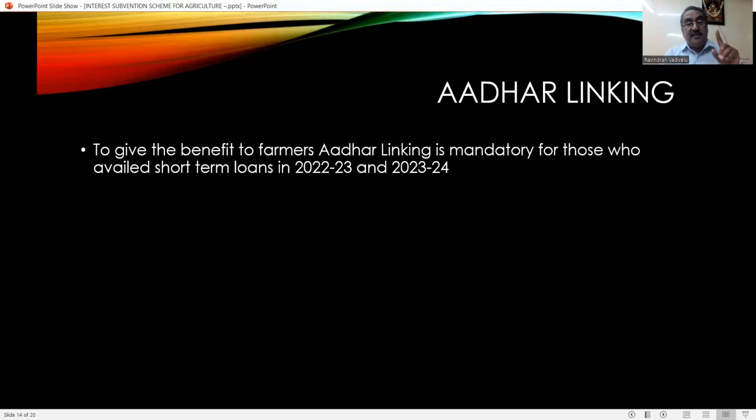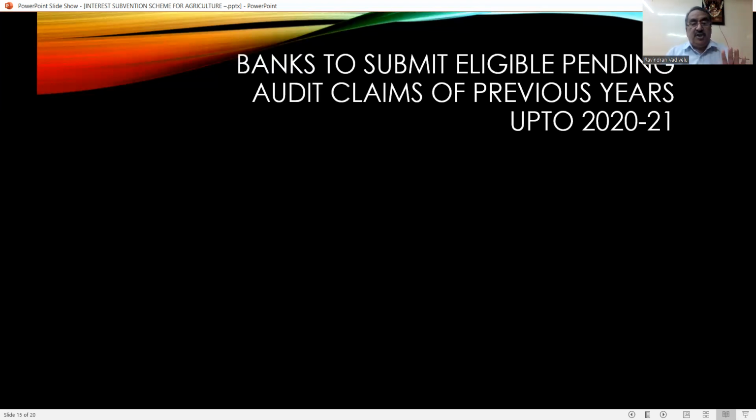So Aadhaar linking is very, very important. So this point you have to see from the auditing angle. Whenever they ask you to sign the claim format, please ask whether the Aadhaar is linked. If the Aadhaar is not linked, then the farmer is not eligible to get the interest subvention.